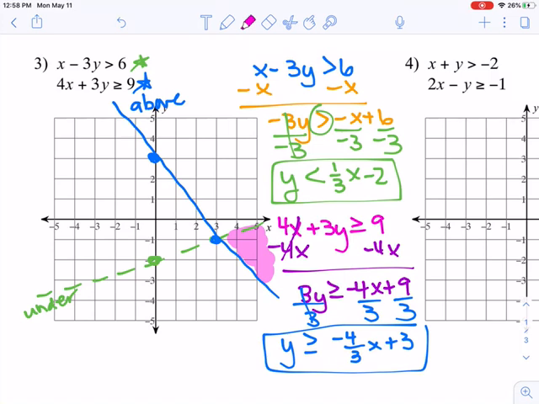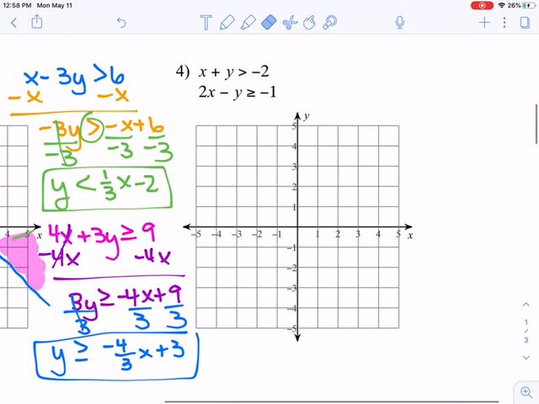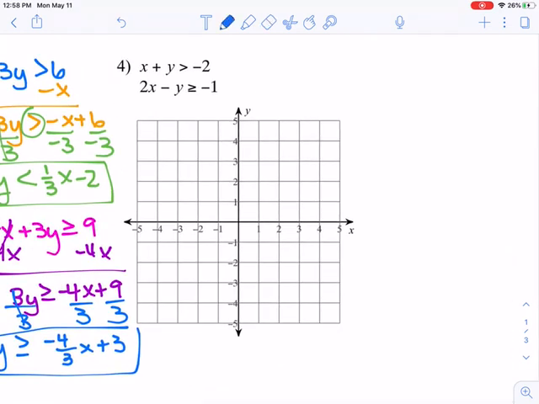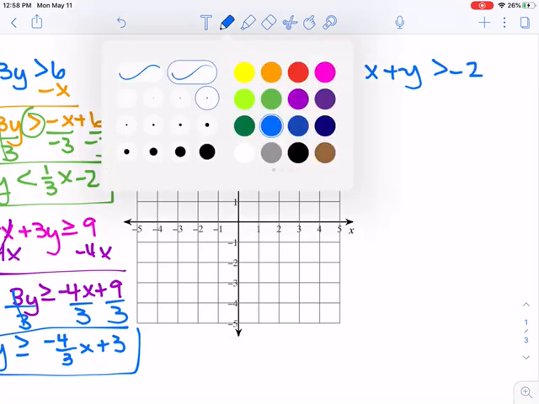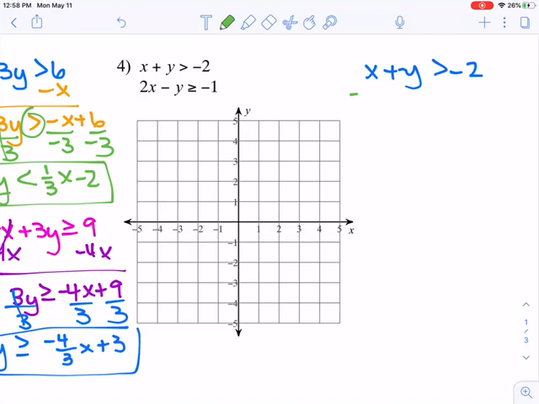Looking at one more, question number 4. So for question number 4, let's start off with our first equation. X plus y is greater than negative 2. And let's get that y by itself. For this one, all I have to do is subtract x from both sides, and we get that y is greater than negative x minus 2.